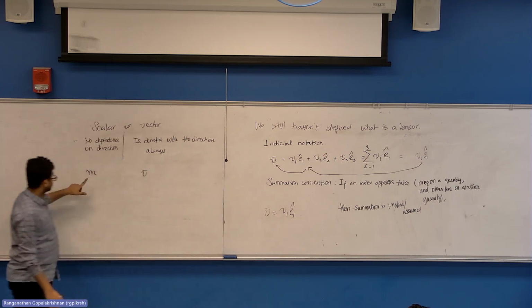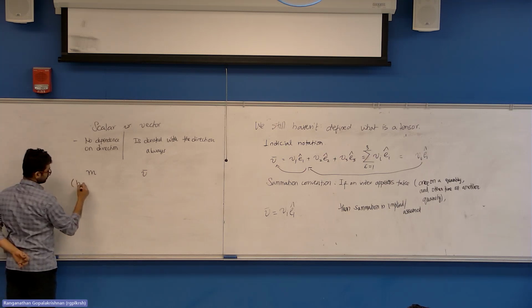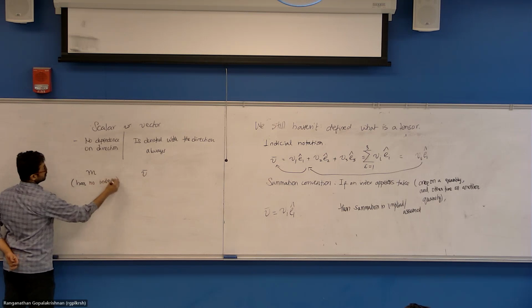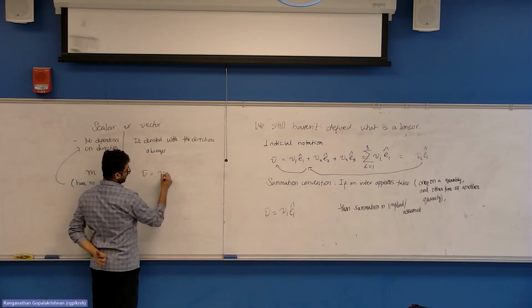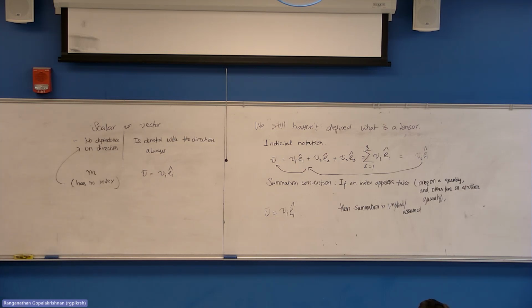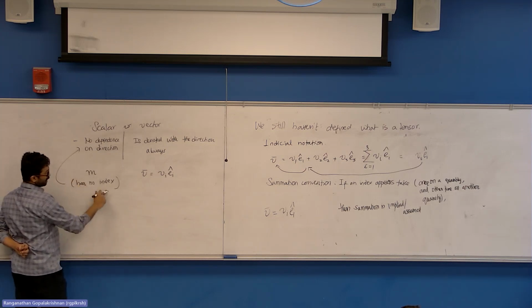So when you have a scalar, automatically you can think a scalar has no index for the same reason that it doesn't depend on direction. So there is no need to denote an index for a scalar. Whereas for a vector, it intimately depends on the three directions. We write it as vi ei. So this scalar has no index.